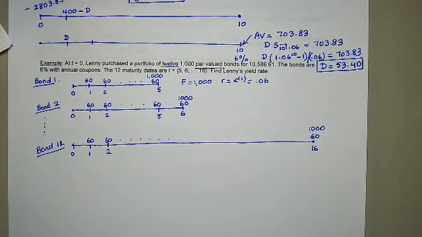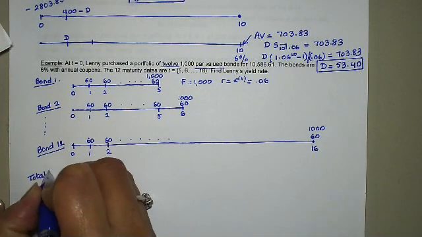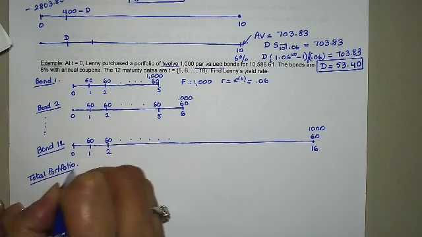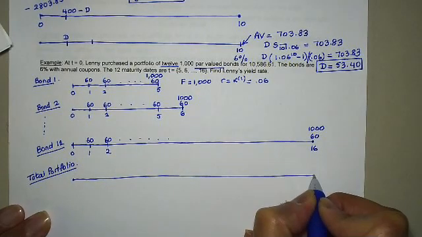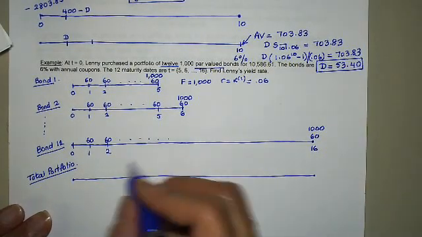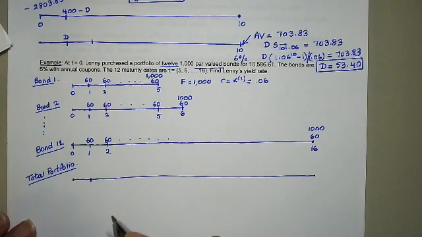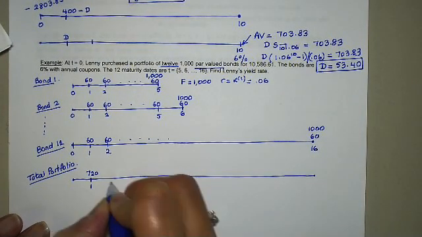So what about the total? Can we make a timeline with the total portfolio now? How much do I have in coupons at time 1? 720, 60 times 12.